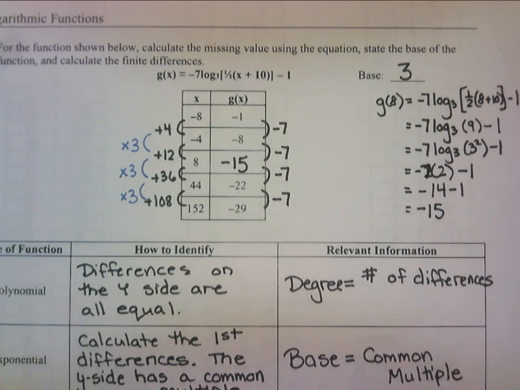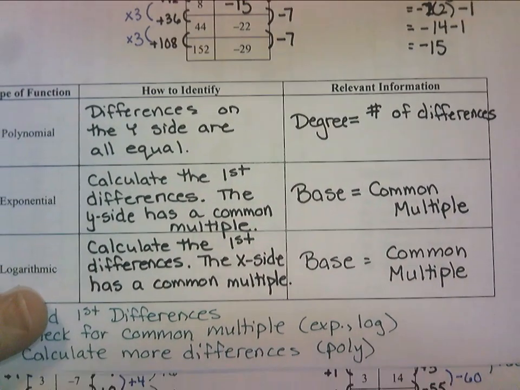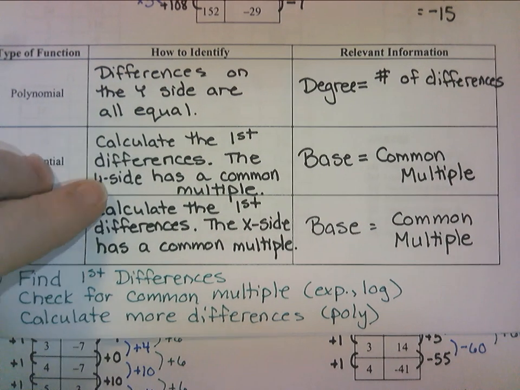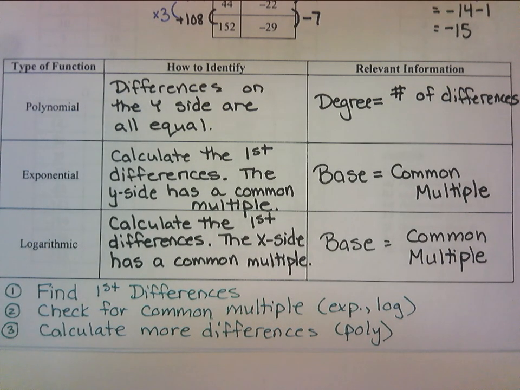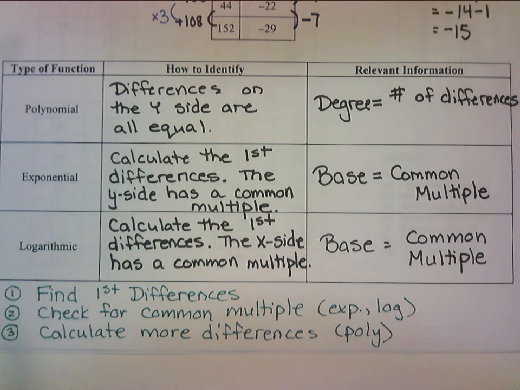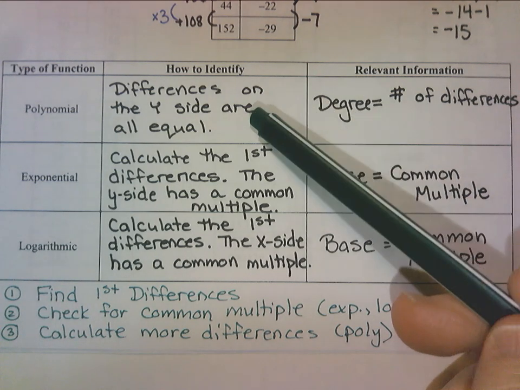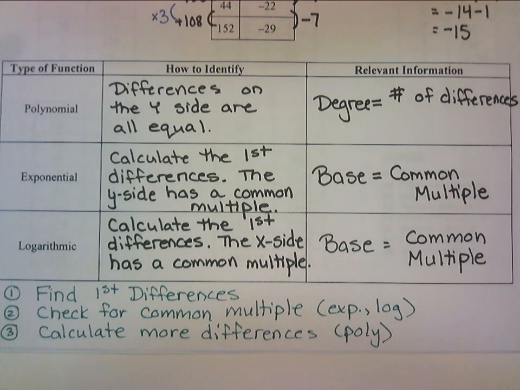So just to finish summarizing everything up, we're going to take a look at the little table that I filled in at the bottom here. So when something is polynomial, what you want to do is calculate the differences, right? And you want to keep going and doing the differences until the ones on the y side are all equal.